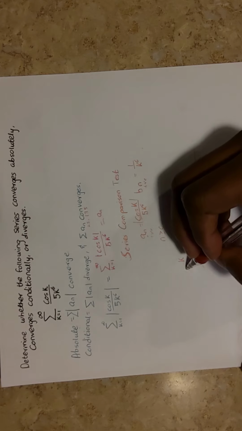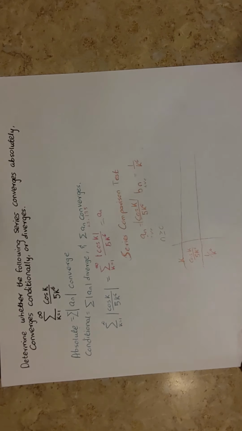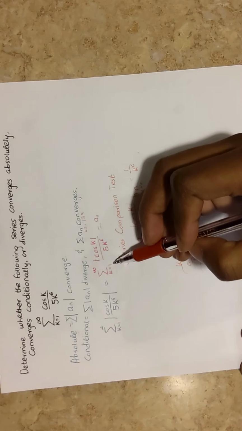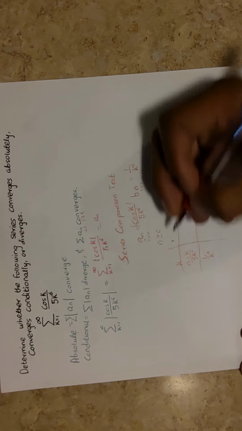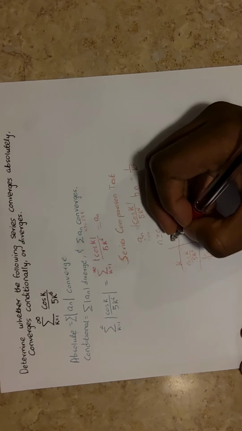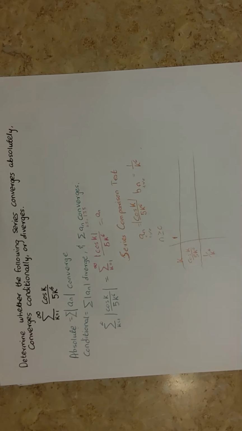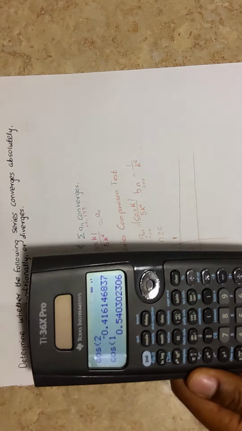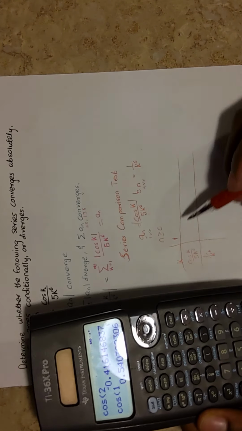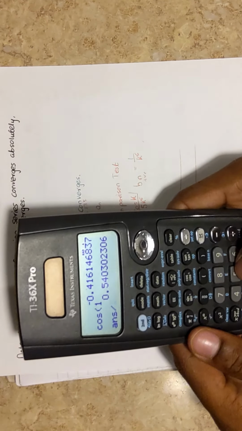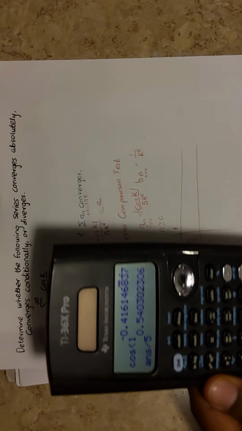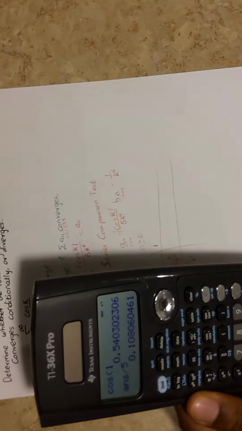That's just a miniature table I have over there. So take k equal to 1, because we're talking about k greater than or equal to 1. That's going to be cosine of 1, so 0.540 divided by 5, since 1 to the 6th is 1. So divided by 5, that's 0.108.